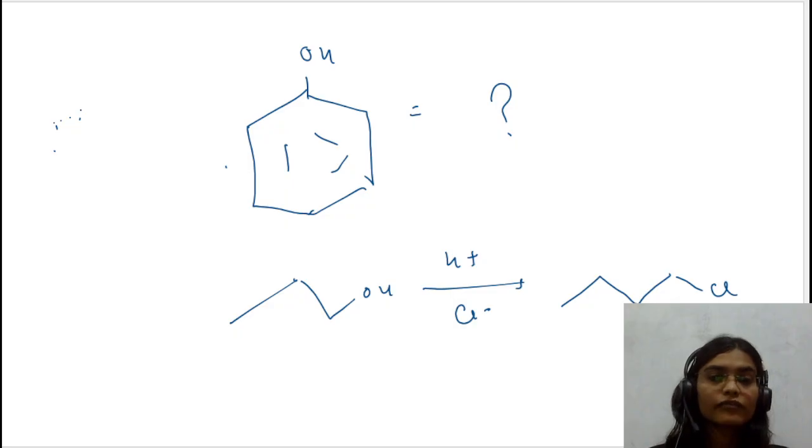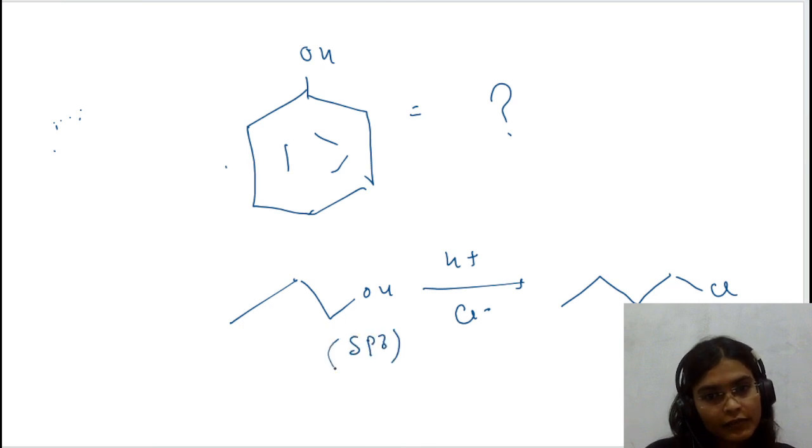If we have resonance, then what is going to happen there? Listen, what is happening there. This is normally an sp3 hybridized carbon, but here we have a lone pair, and everyone knows it is basically a plus M group.